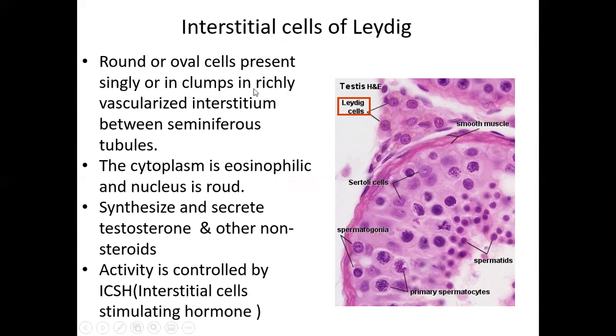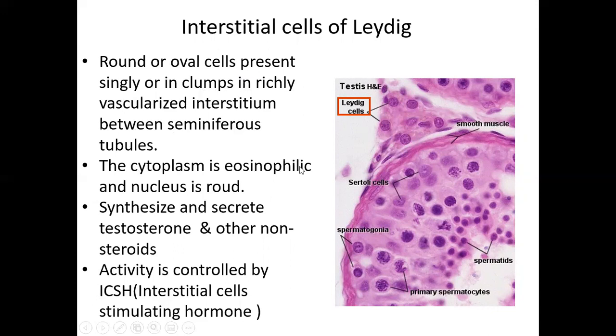And this cell is richly vascularized. It has rich vessels. It is present inside the richly vascularized interstitium between the seminiferous tubules. So here this part contains very rich vessels.